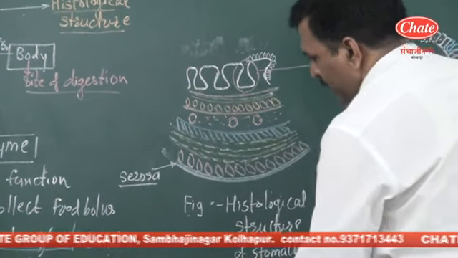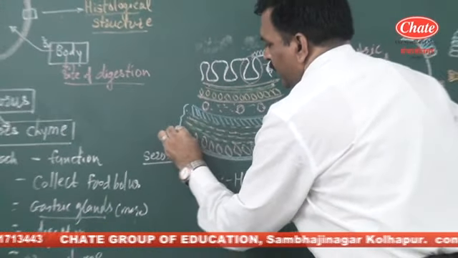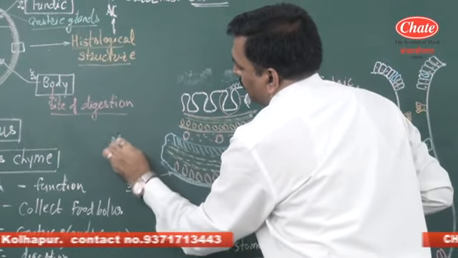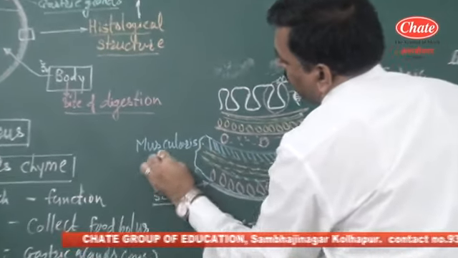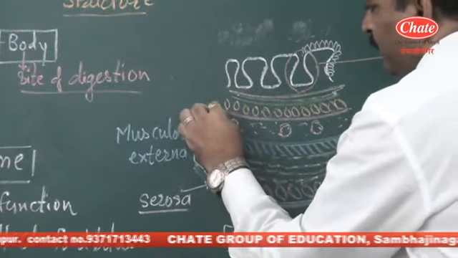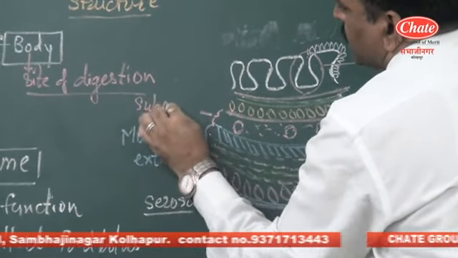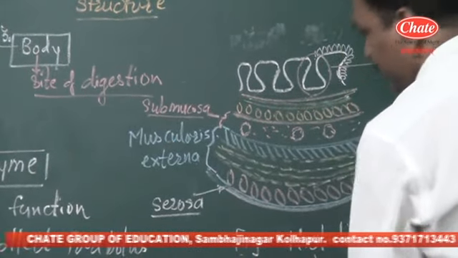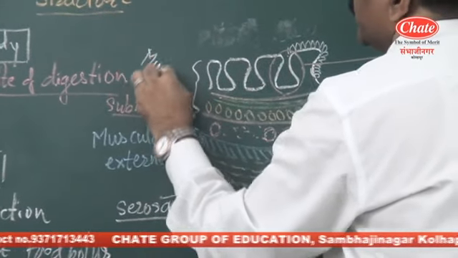Then this middle region, inner to the serosa, is termed the muscularis externa. Then this layer is termed the submucosa, while this region is termed the mucosa.